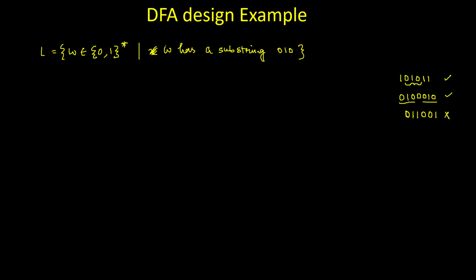So in this type of problem, where it is forcefully given that the string has to have a substring like this, one thing is clear: if I consider some state, I'm not numbering it right now, I must have a path where I follow 0, then 1, then 0.